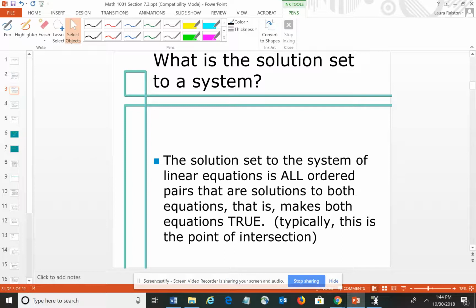In other words, the ordered pair that you come up with, the value for x and the value for y, when you substitute them into the equation at the same time, they should give you a true statement. If they don't give you a true statement in both equations or in all the equations, then you haven't found a solution. Okay, so the solutions are the ordered pairs that make both the equations or all the equations true at the same time.